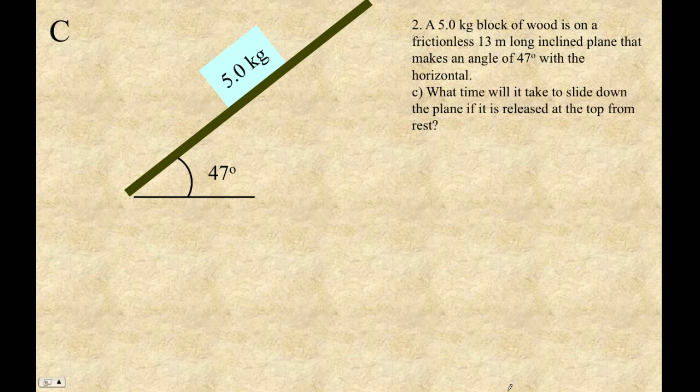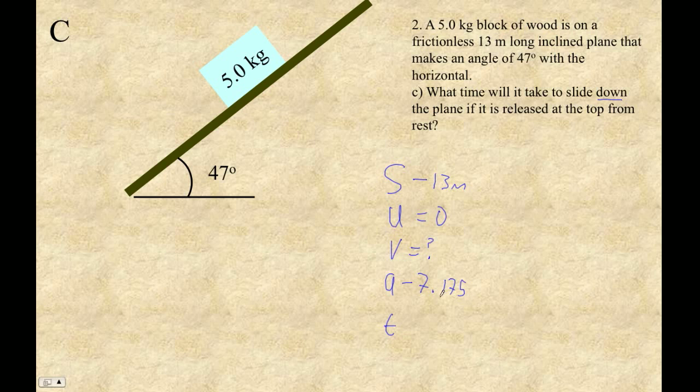Which is, what time will it take to slide down the plane? Well, we can do that. We were told the plane is 13 meters long. If it's sliding down the plane, then it has to go down 13 meters. The initial velocity is 0, final velocity we don't care, and acceleration is negative 7.175.